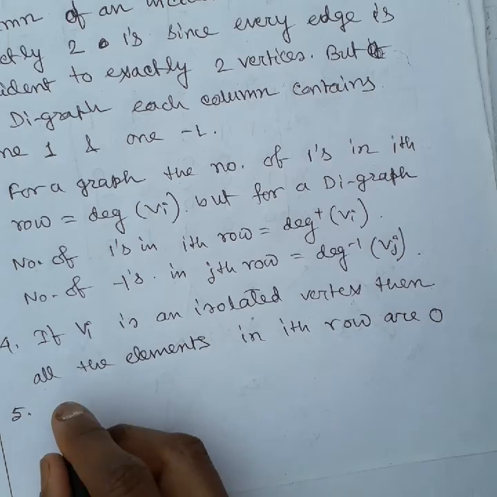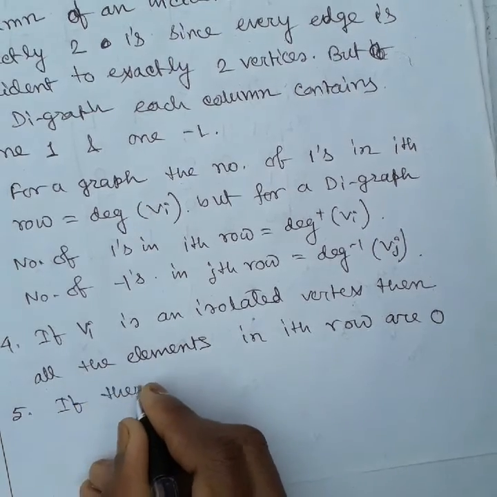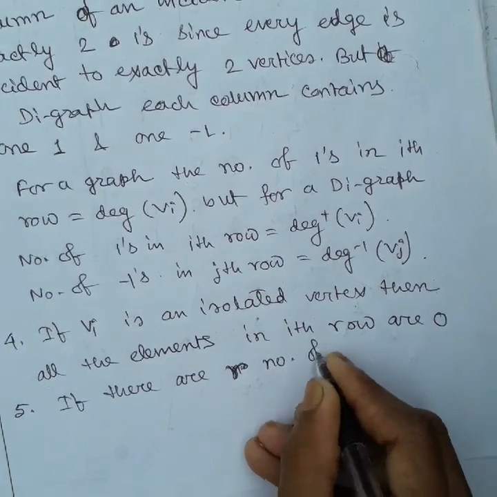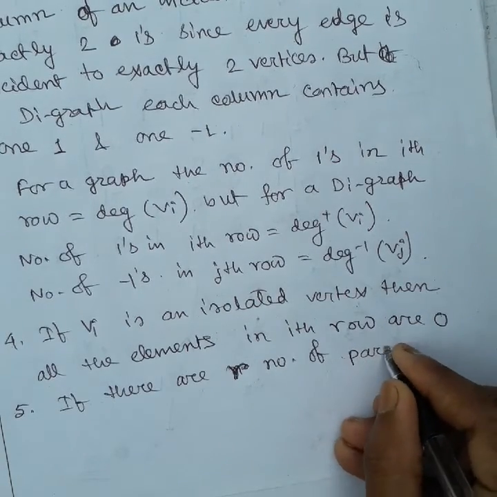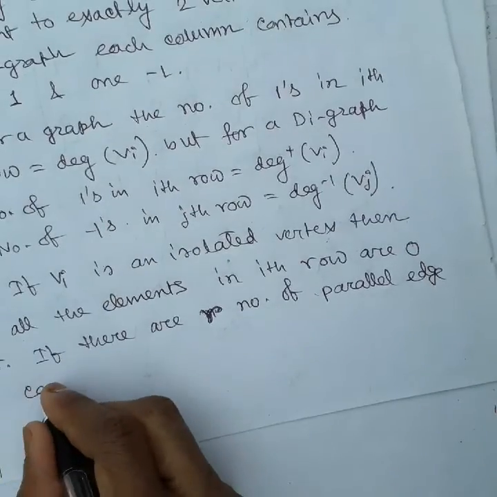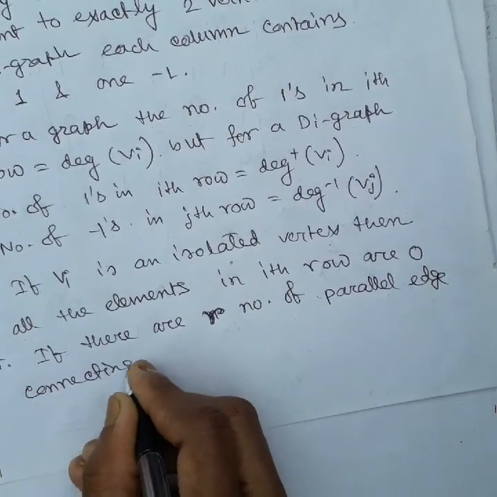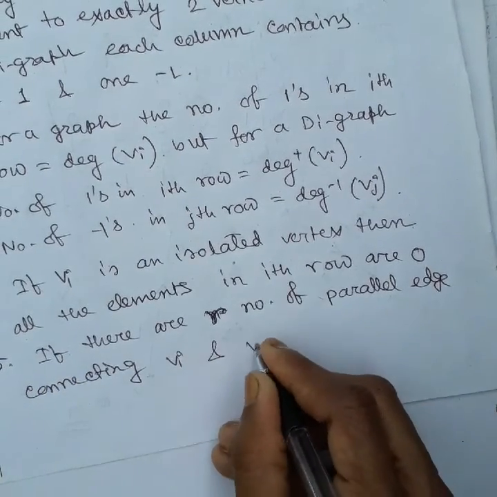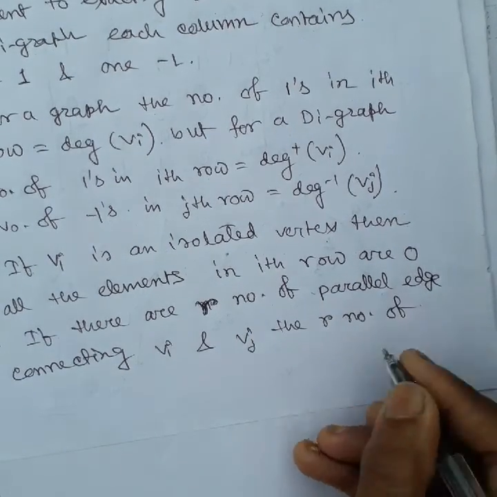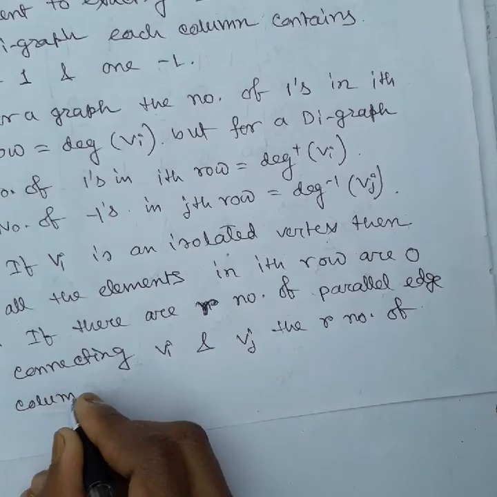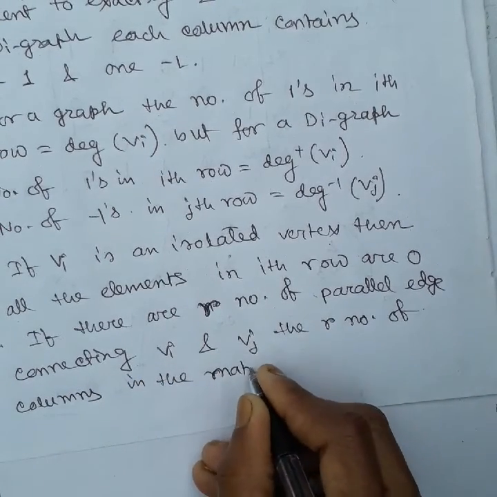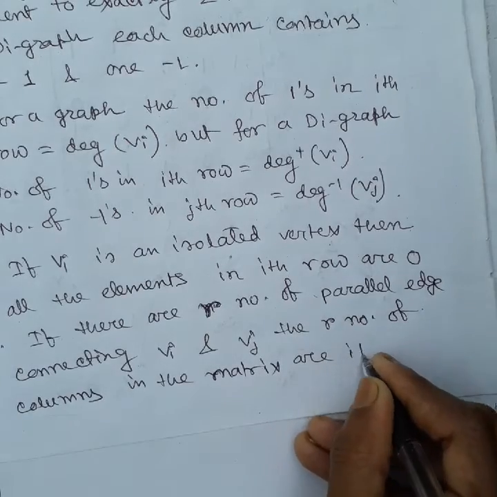And if there are r number of parallel edges connecting Vi and Vj, then r number of columns in the matrix are identical.